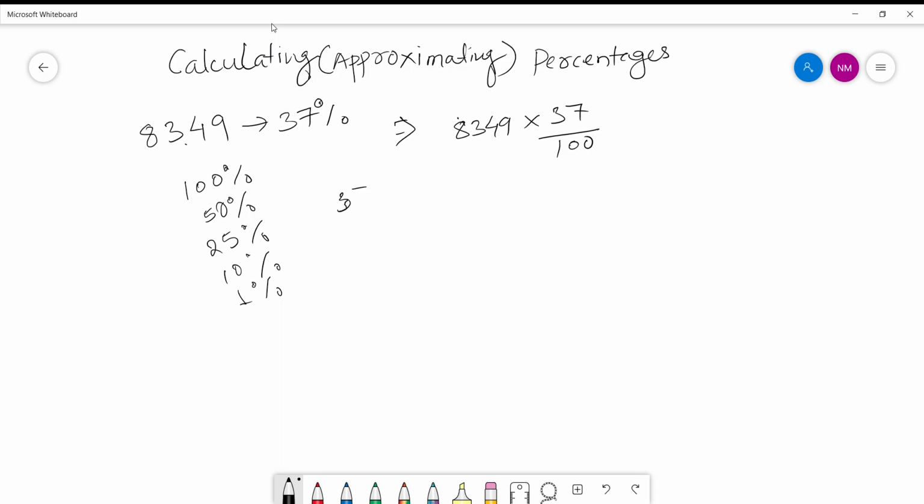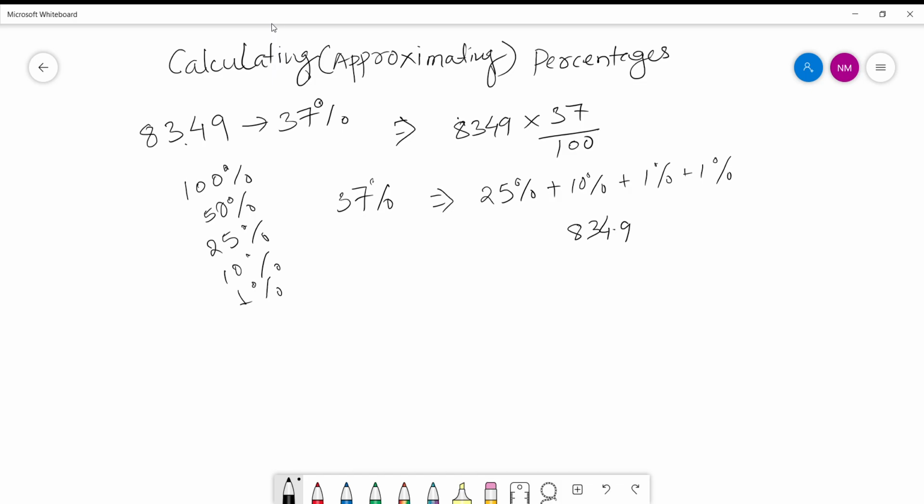So for 37%, if I want to distribute it, I can convert it to 25% plus 10% plus 1% plus 1%. So 25 plus 10 is 35, and then 36 and 37%. So my 10% is 834.9.